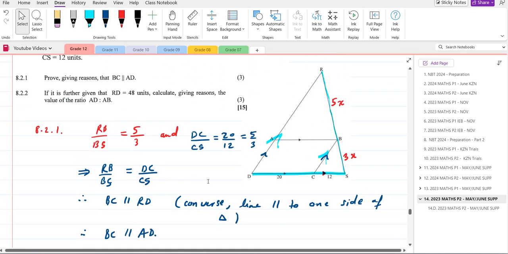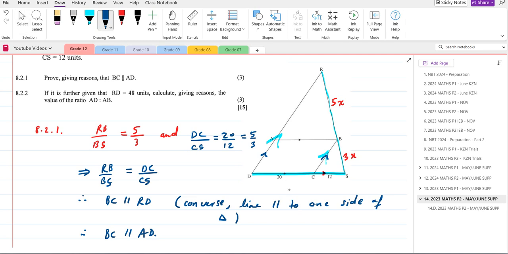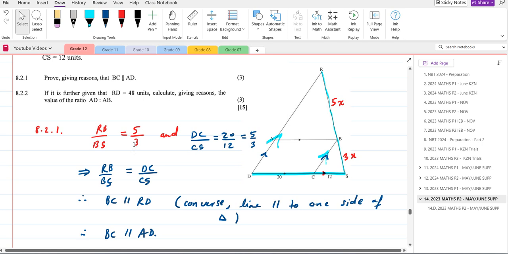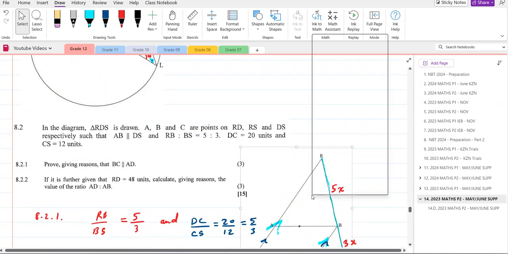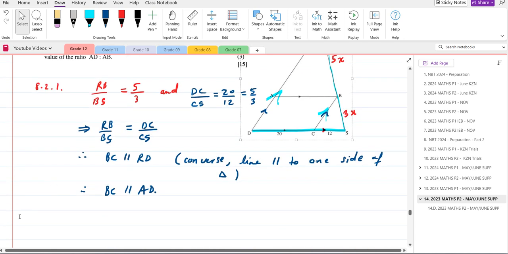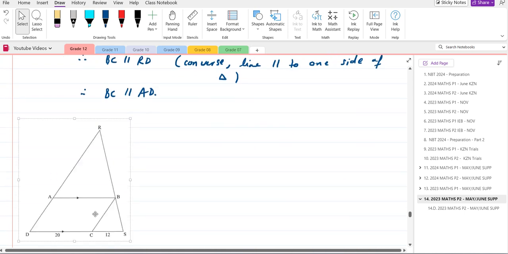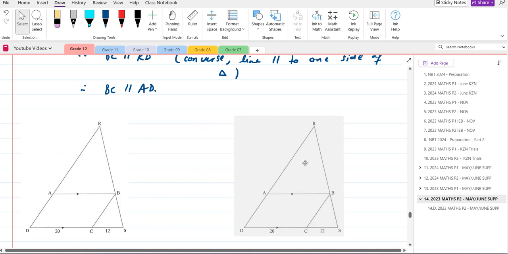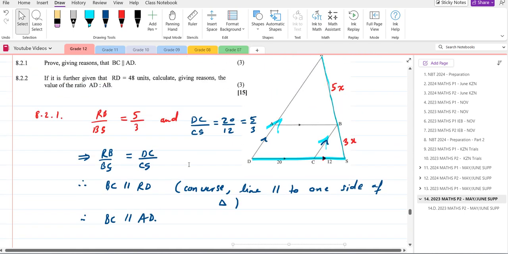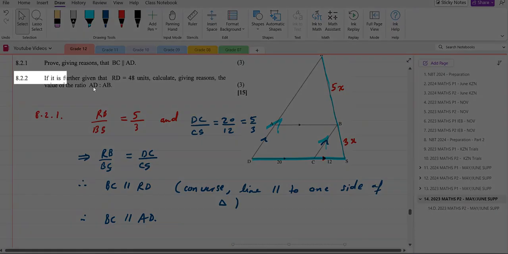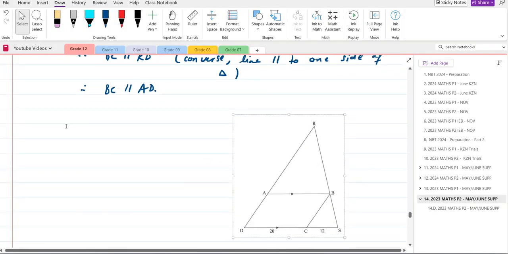Now, if it is further given that RD is equal to 48, remember RD is now 48. Okay, now let me retake this diagram, because we're doing the second part, 8.2.2. If it is further given that, see what it says.